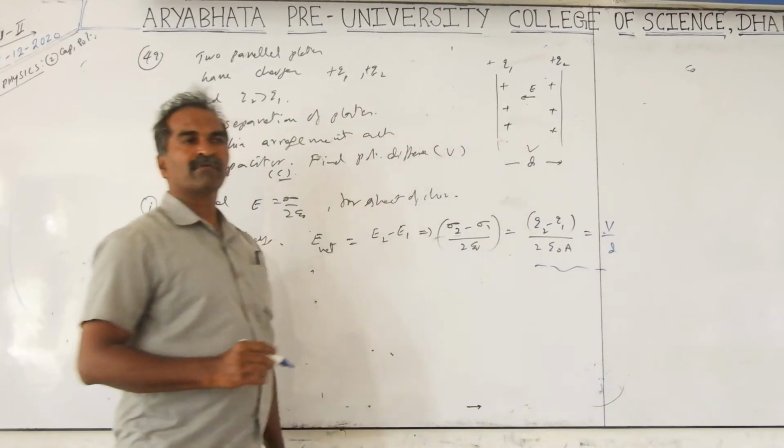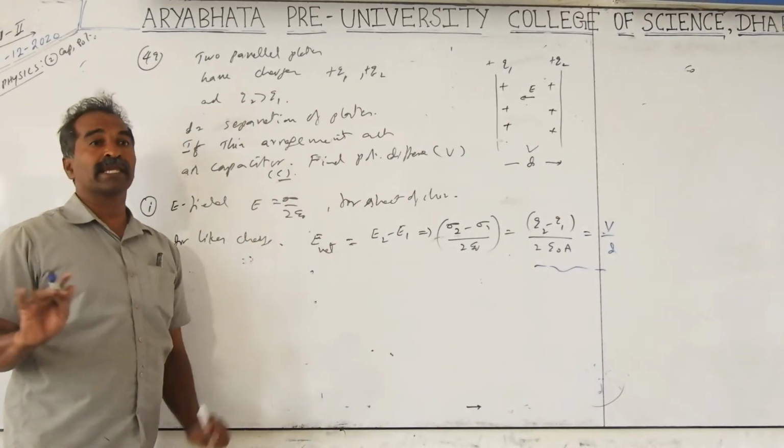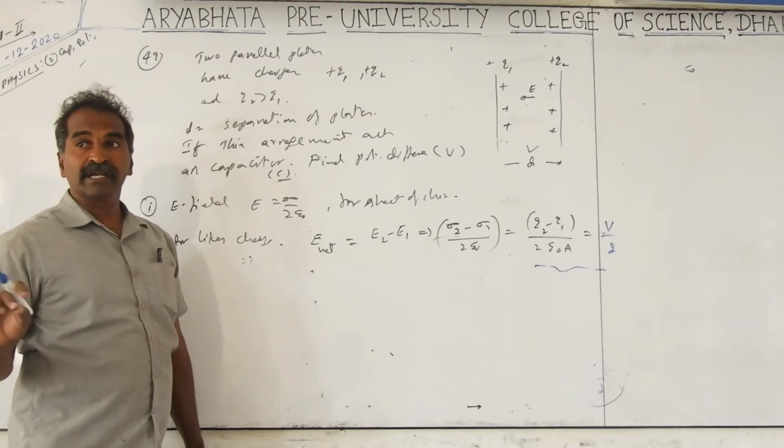What is the capacitance formula for the capacitor? C equal to epsilon A by D, independent of the charges. Capacitance is not related to the charges.